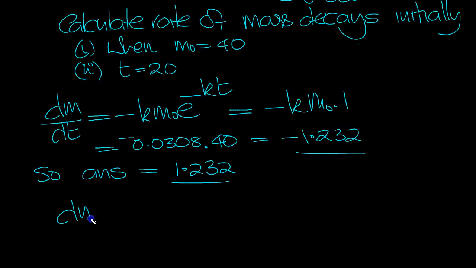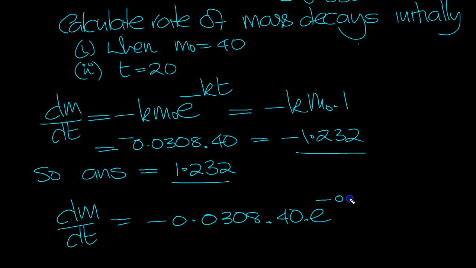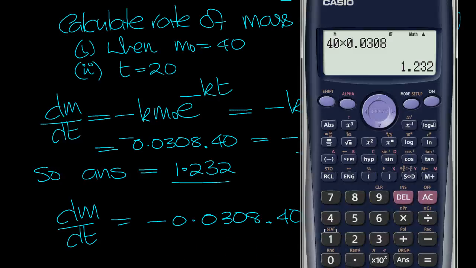So dm/dt, same thing again, is equal to minus 0.0308 times 40 times e to the minus 0.0308 times the time, which is 20. So let's type that in the calculator then.